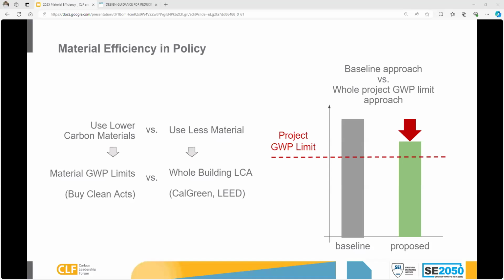But what we wanted to point out here is that whole building LCA is written right now so that you're reducing from a baseline, right? And that's on the right side, that you're showing a certain percent reduction from a baseline, which is great, but it's often using the material GWP limits approach, where you're comparing your project's lower carbon materials to a baseline or industry average equivalent of that material.